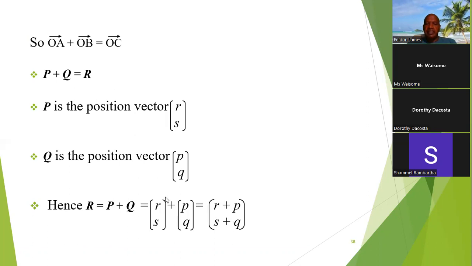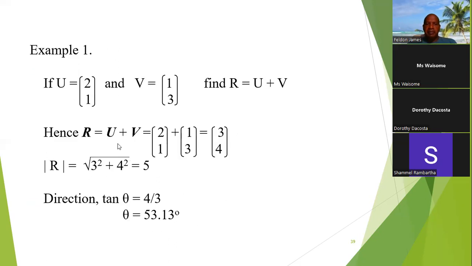So if you add the two coordinates in the position vector, you write them in column form first, then you add the corresponding coordinates. Remember, if you're adding matrices, you add corresponding values. So the top values you add together, the bottom ones you add together. So the result that you get will be the coordinates for the position vector of the resultant.